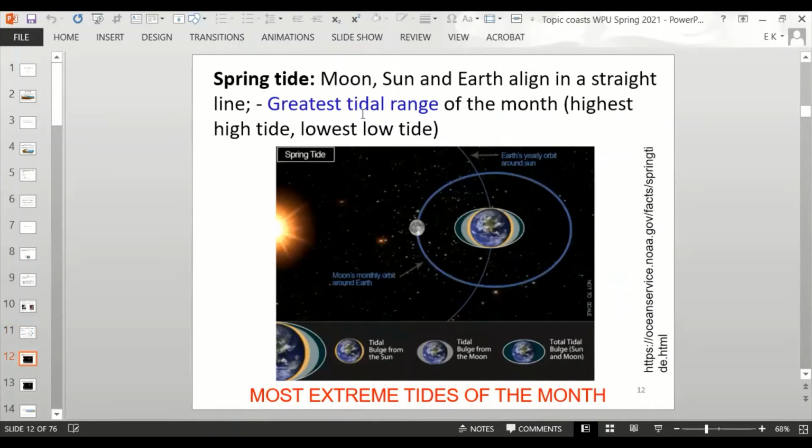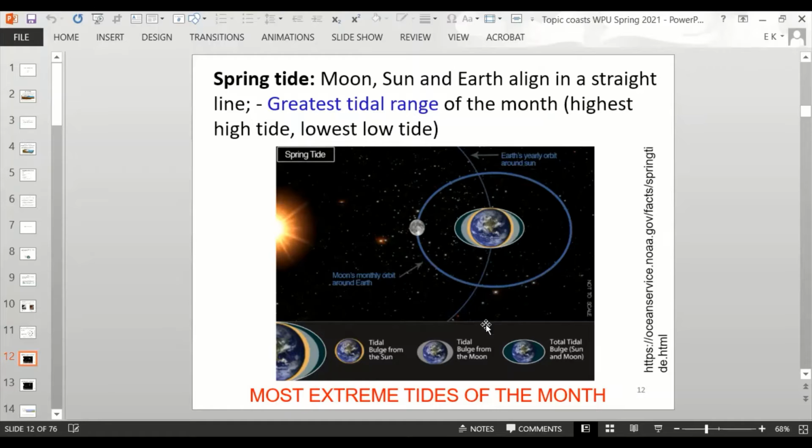So when the moon, the sun, and the Earth align in a straight line, it gives us our greatest tidal range of the month. And we call this the spring tide. So that's your highest high tide and your lowest low tide. And you can see the orange color is the tidal bulge related to the gravitational pull from the sun.